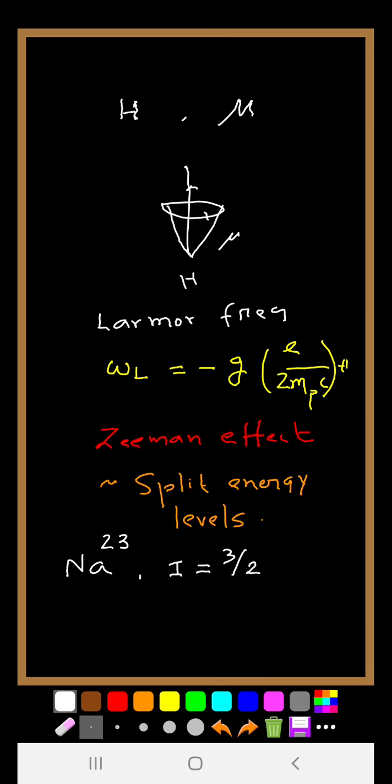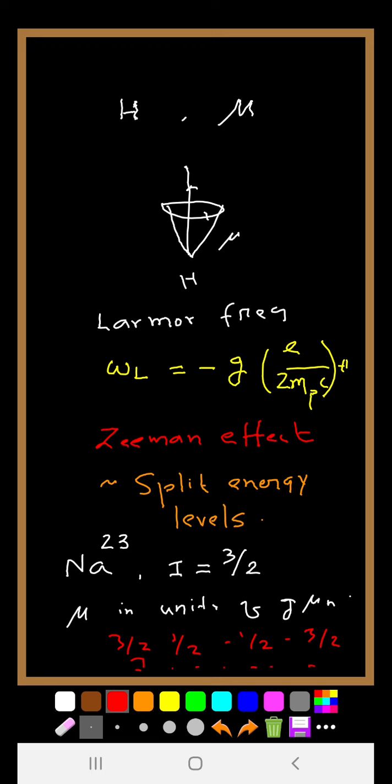So the possible components of mu along the field direction, in units of g mu n, as we know mu max is equal to g mu n into I, will be 3 by 2, 1 by 2, minus 1 by 2, and minus 3 by 2, that is from I to minus I. So the energy level will split according to that.